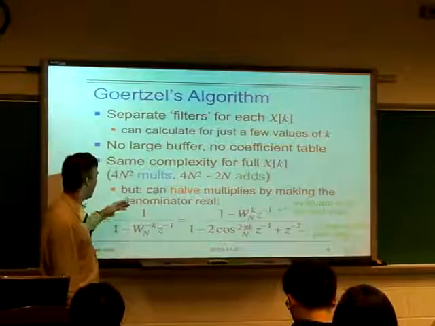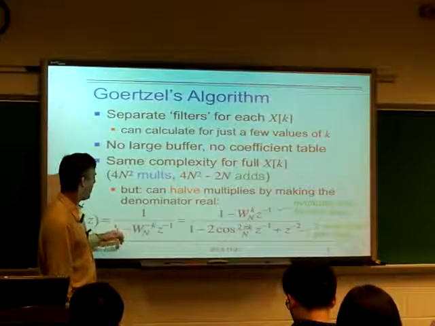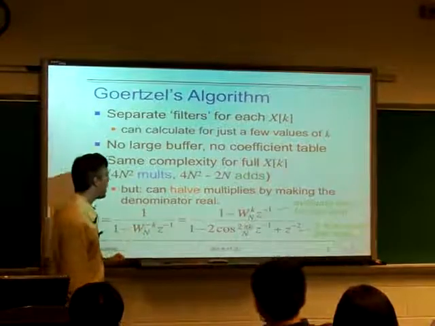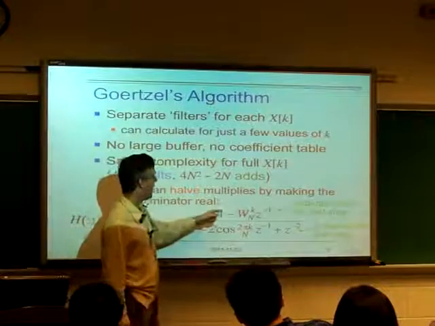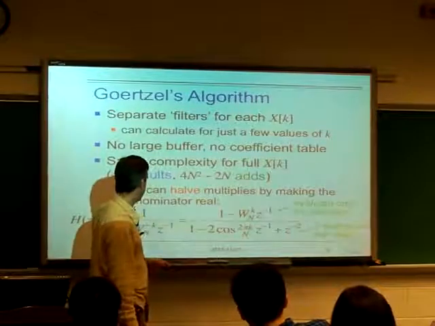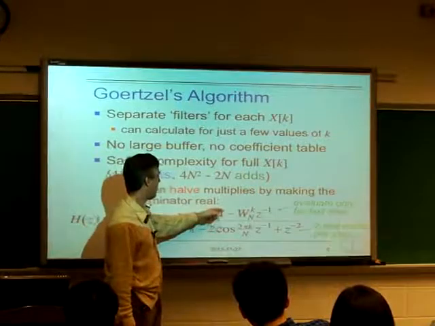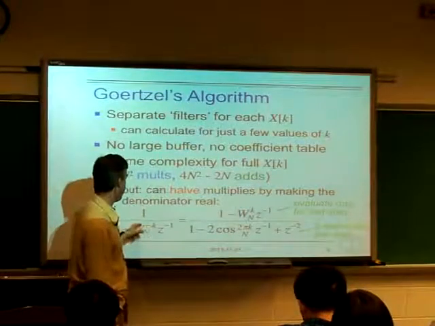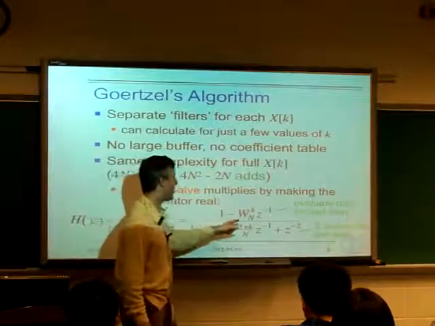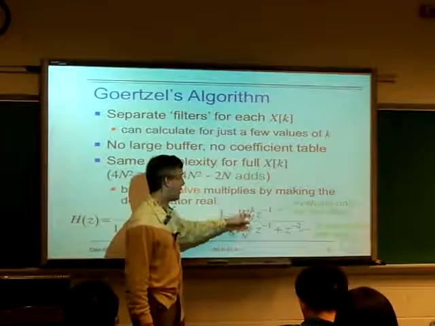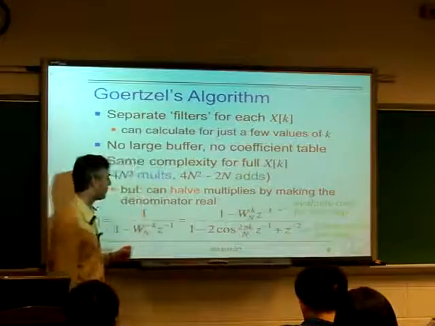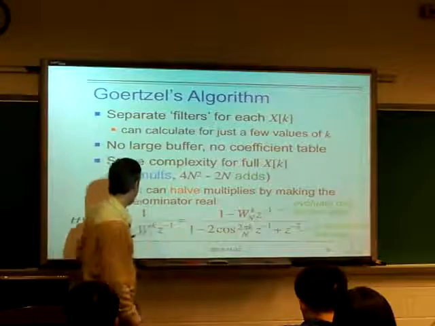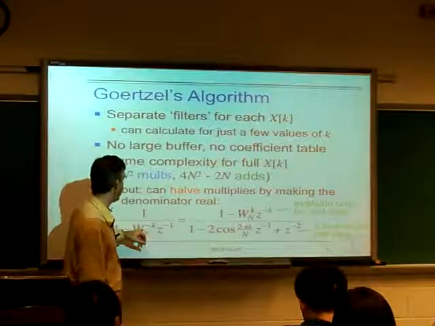If we multiply top and bottom by the conjugate of this pole, basically we introduce a zero and a pole. Sorry, not the conjugate, but the reciprocal of this pole here. Then we can actually get this thing to be the conjugate. I do mean the conjugate.